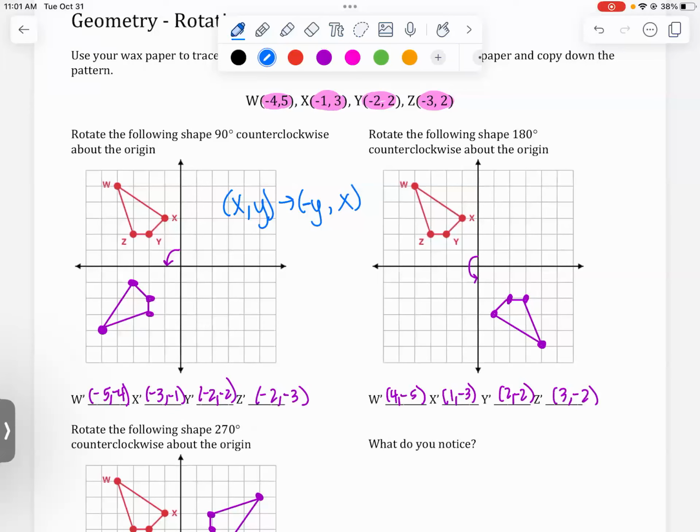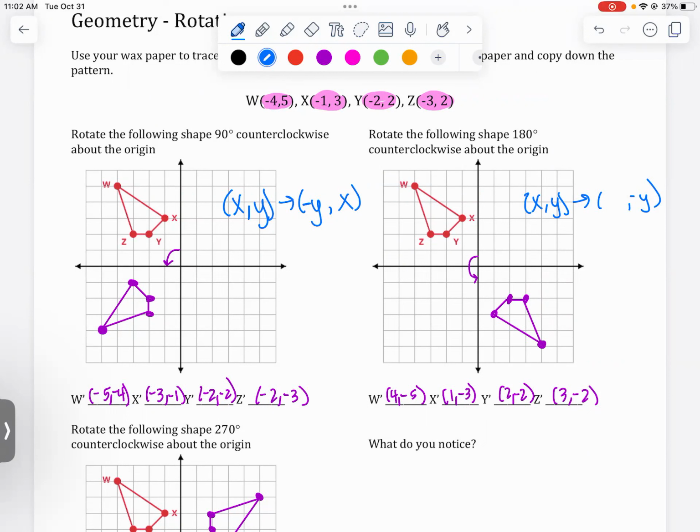What about 180? If we start out with an XY coordinate, what happens with the coordinates? The Y. The Y negates. What about the X? Doesn't the X go negative too?